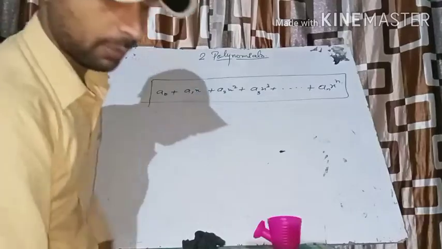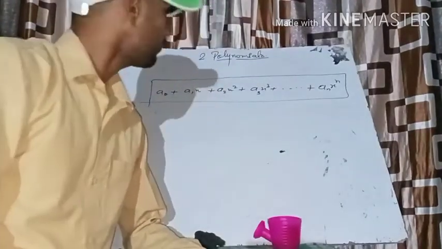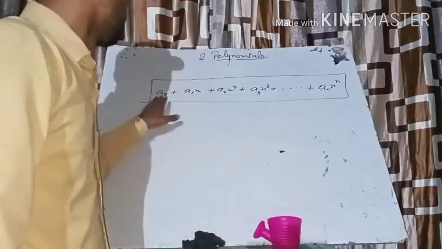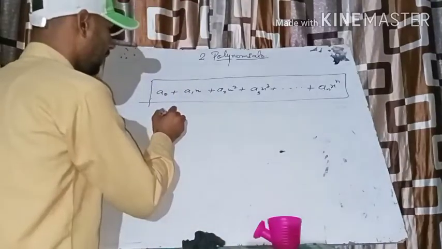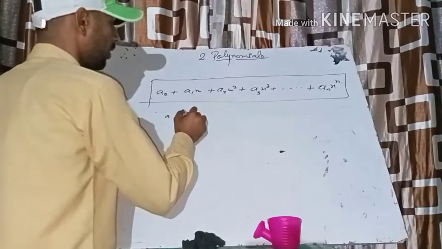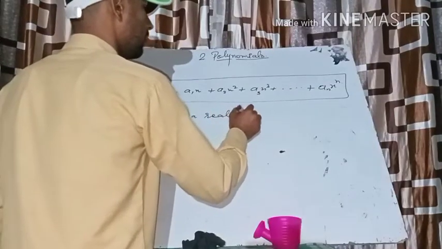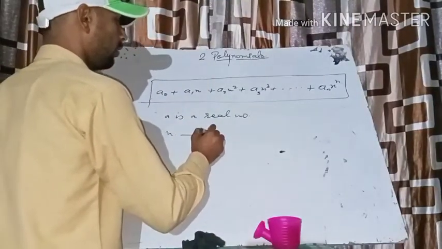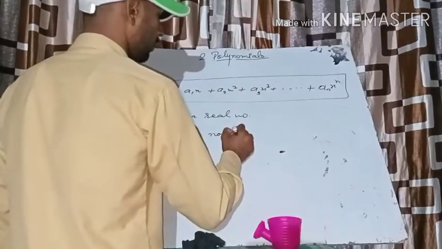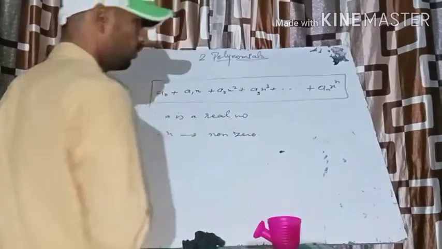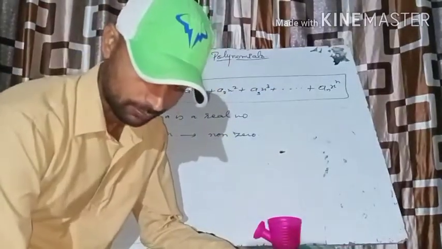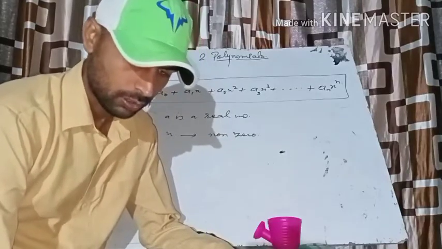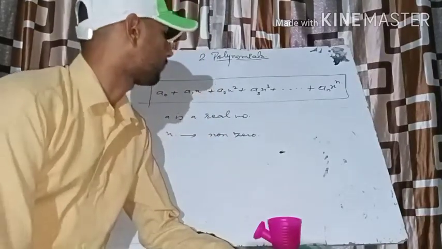This is the general form of representation of your polynomial, where a is a real number and n is a non-negative integer, a whole number.